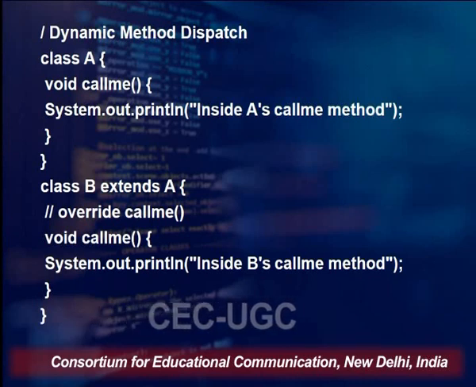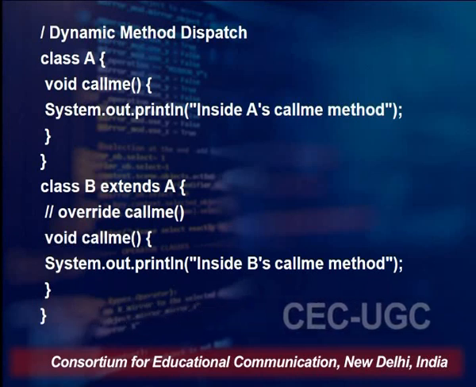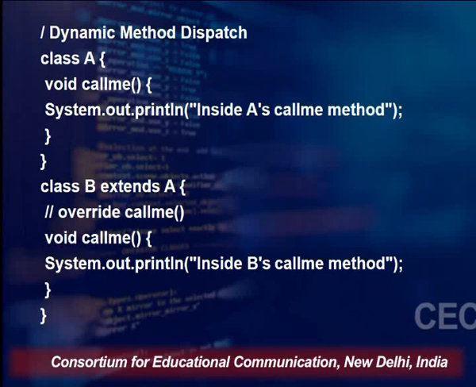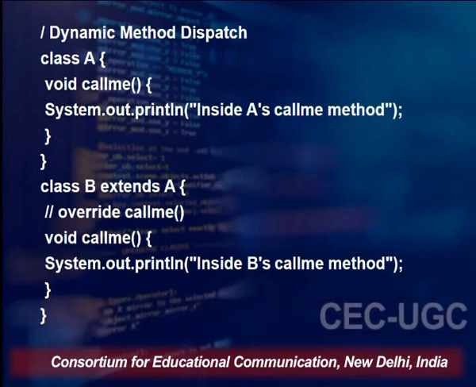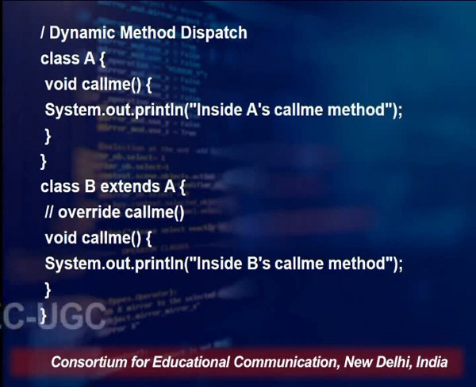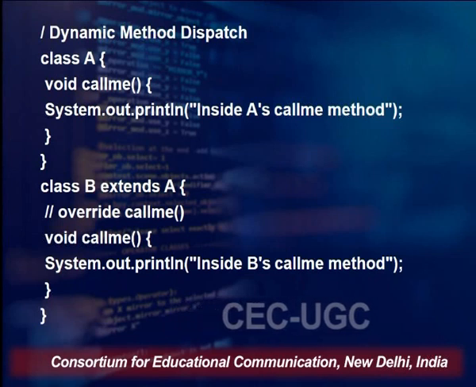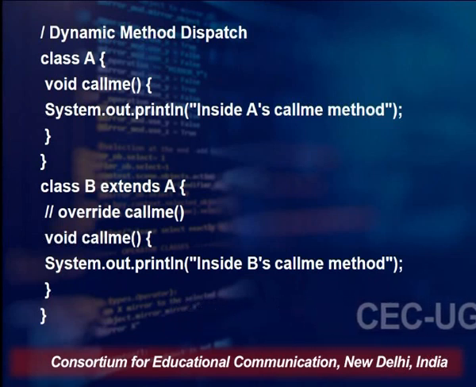Then there is a class B which is extending class A by putting the call me method with the same signature as that of A. This class B is actually overriding the method call me, and within class B's version of call me, there is a statement which is going to get printed inside B's call me method.